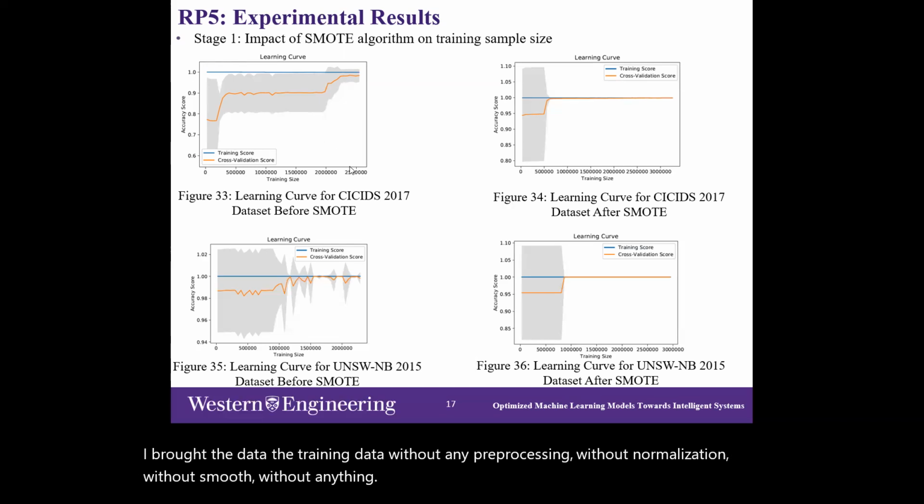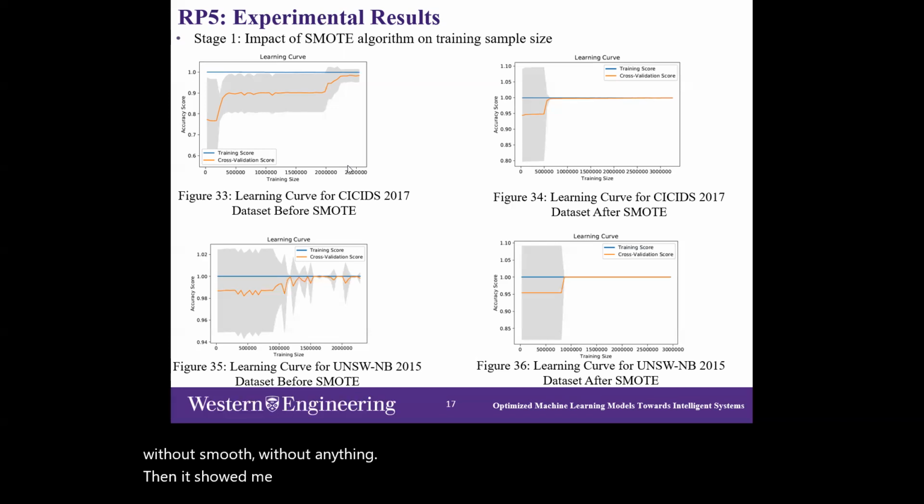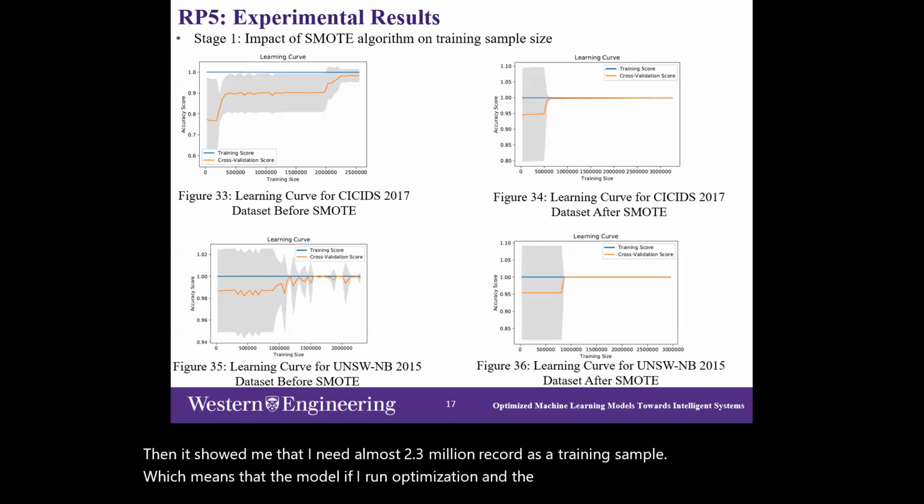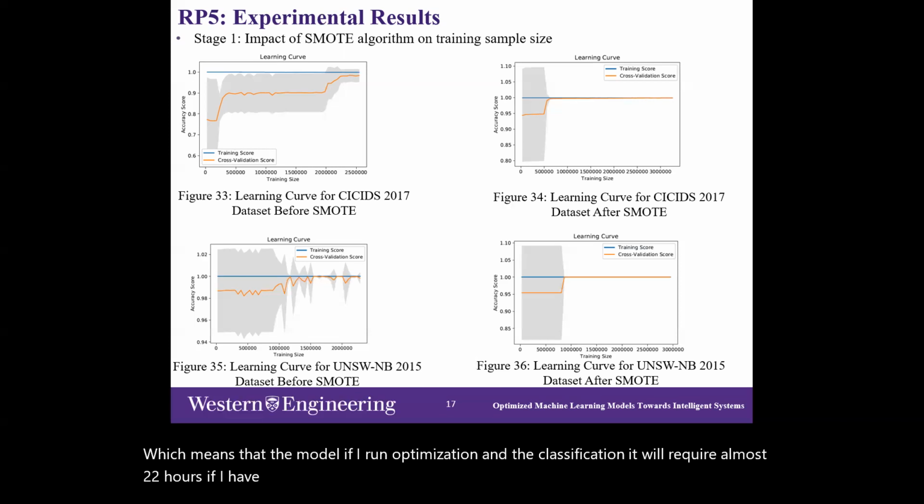Then it showed me that I need almost 2.3 million records as a training sample, which means that if I run optimization and classification, it will require almost 22 hours even with a good server to build my model, which is computationally very expensive.